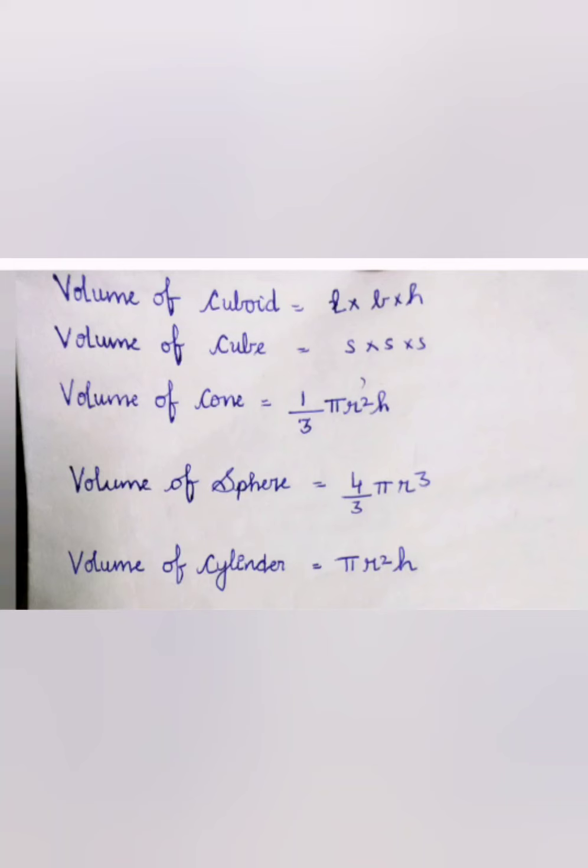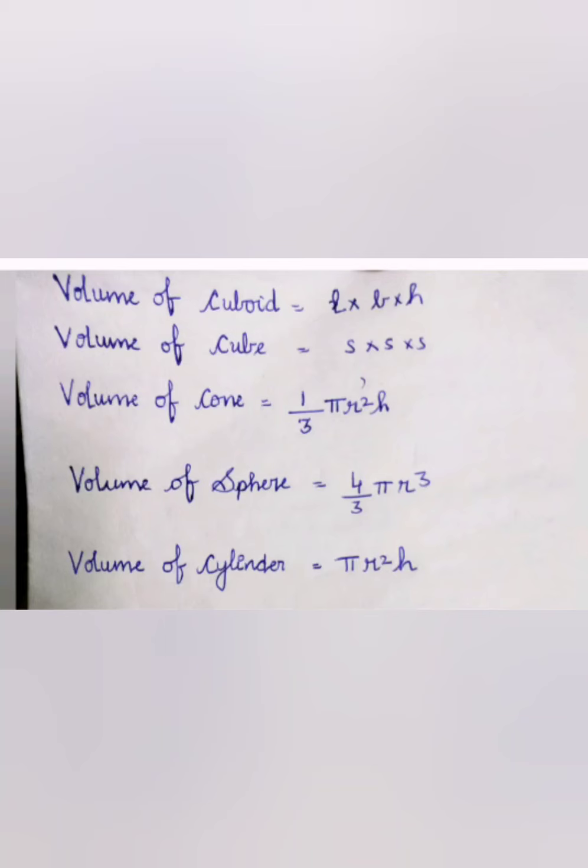The volume of a cone can be measured by using the formula 1/3 pi r squared h, and the volume of a sphere can be measured by using the formula 4/3 pi r cubed, and the volume of a cylinder can be measured by using the formula pi r squared h.